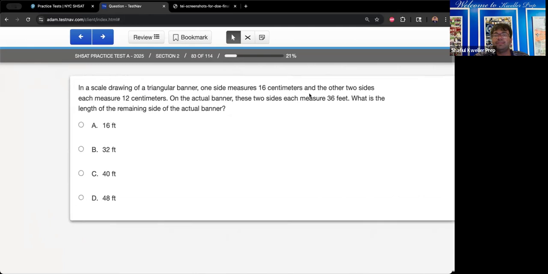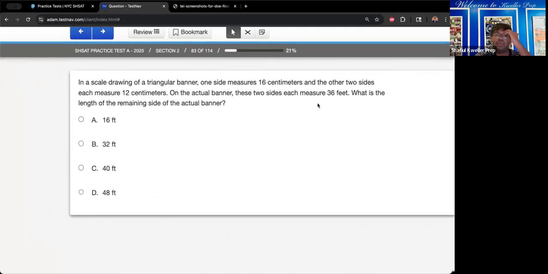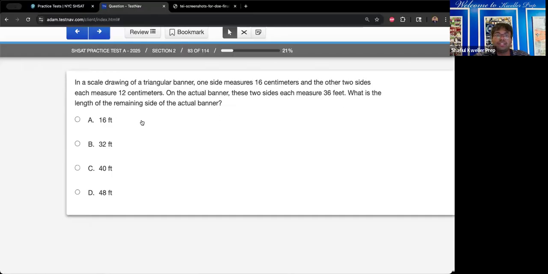One side measures 16 centimeters, the other two sides each measure 12. These two sides each measure 36 feet. So this is a scale. So it's saying that 12 centimeters is equal to 36 feet. And what is the length of the remaining side of the actual banner? So we know it's 16 centimeters. We don't know how many feet it is. I know 12 times 4 over 3 is equal to 16.